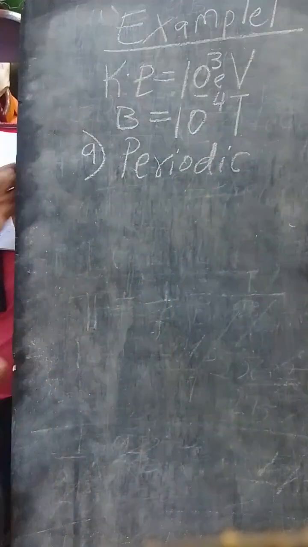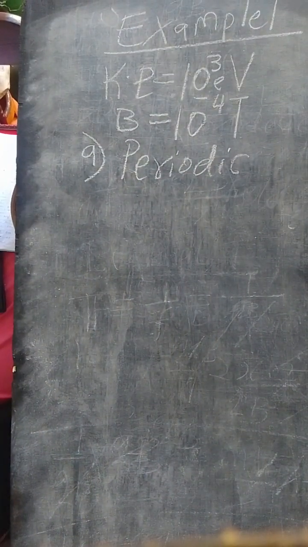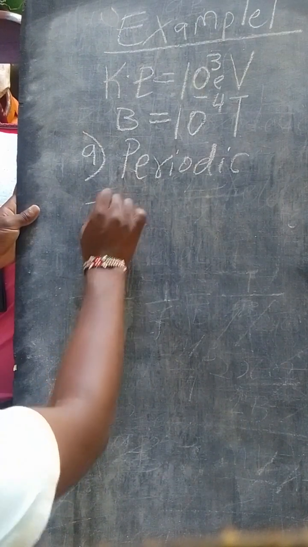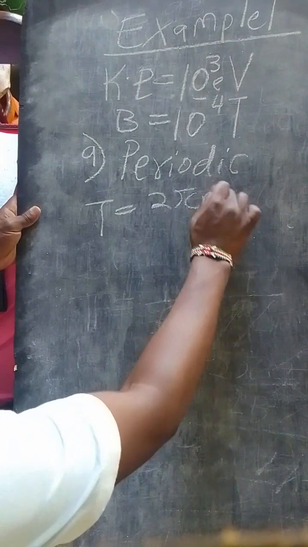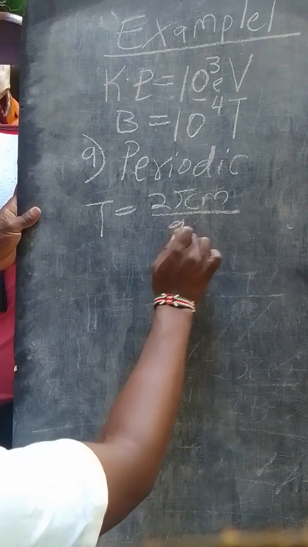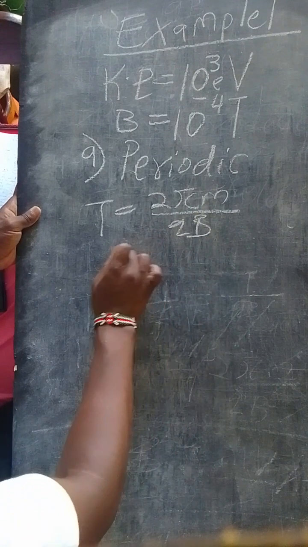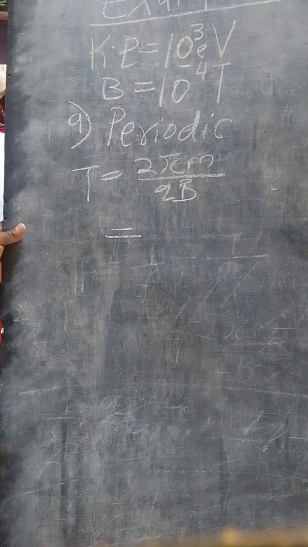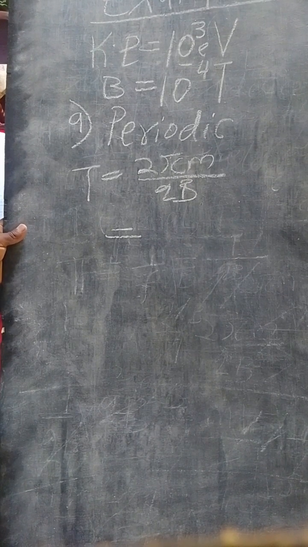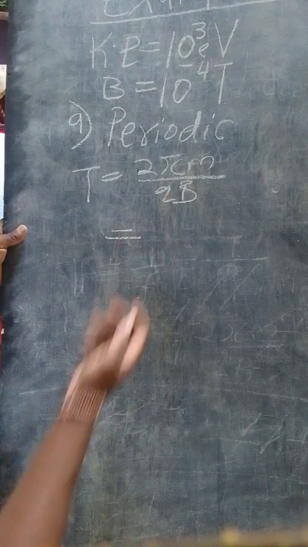Calculate for its periodic time, and the periodic time we said is equal to 2πm over qB, and m, that is the mass of the electron, we know it, and we know the value for charge.